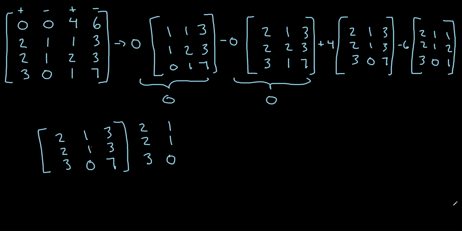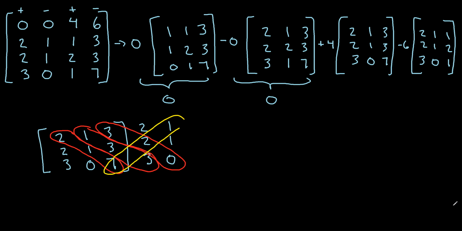And now what we can do is identify the diagonals. So these 3 diagonals. And we will multiply the values on the diagonals and take the sum, and then we'll subtract the anti-diagonals. So 1, 2, and 3.